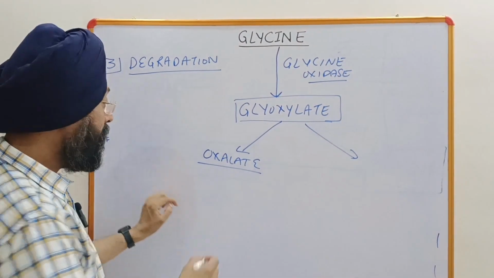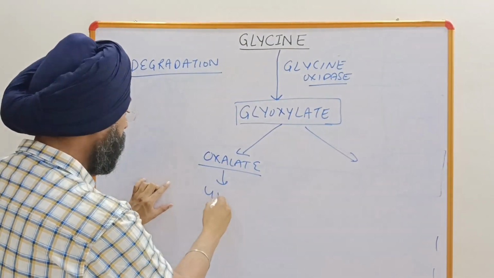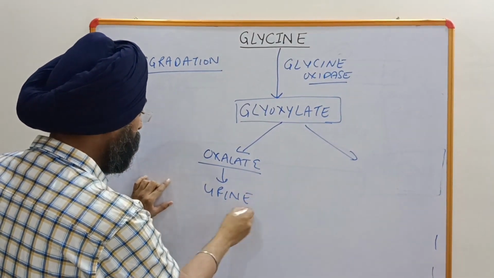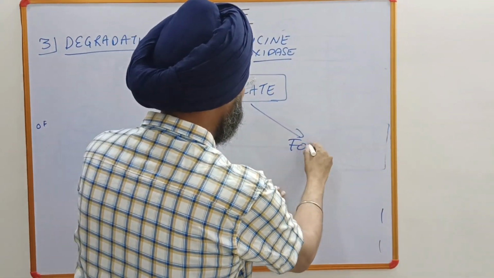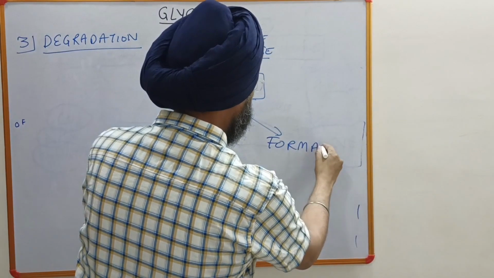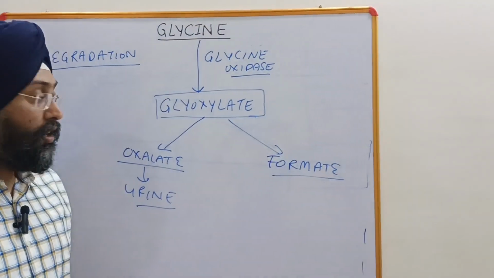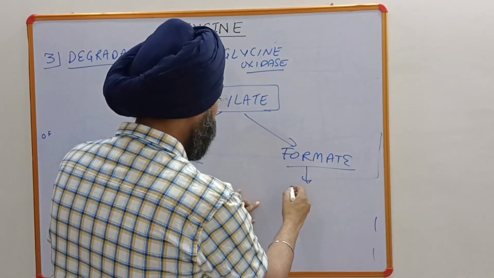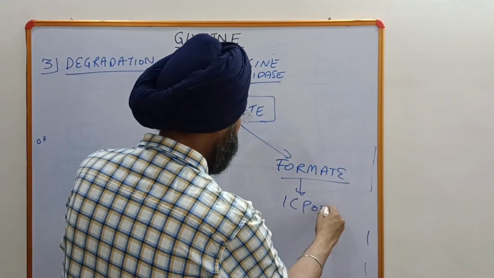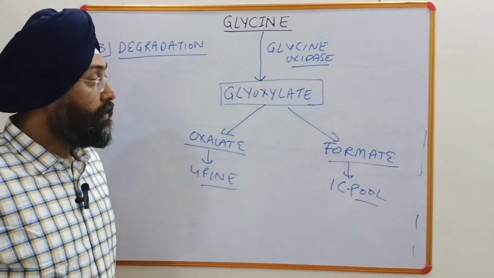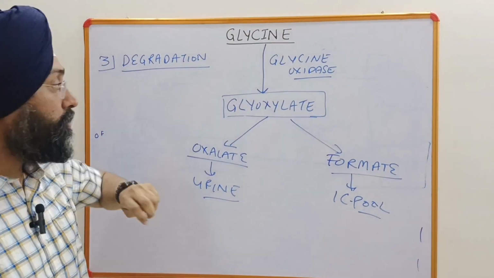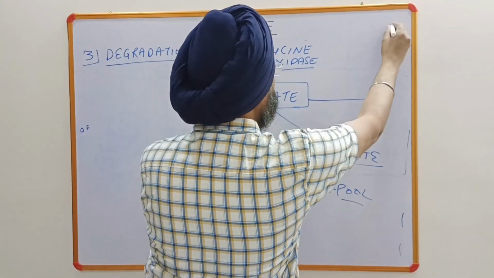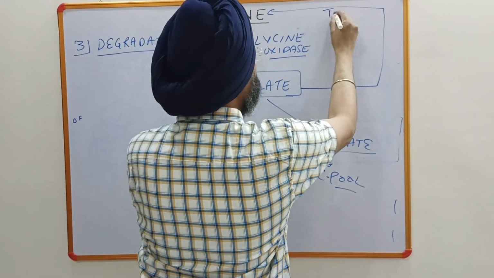The oxalate is finally excreted into urine. And the second is it will form formate. The formate will enter the one carbon pool. And we can also resynthesize glycine from glyoxylate by a transamination reaction.